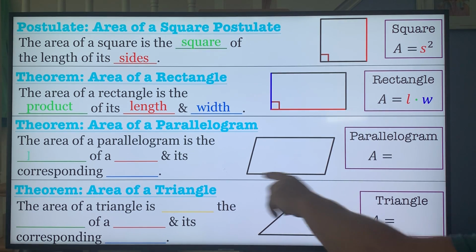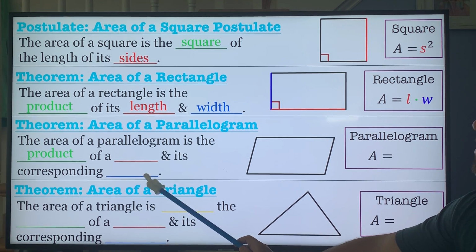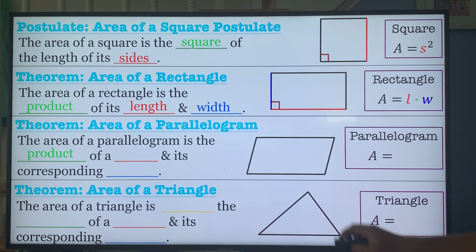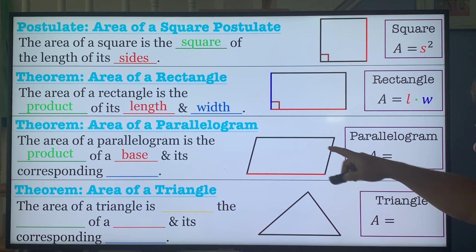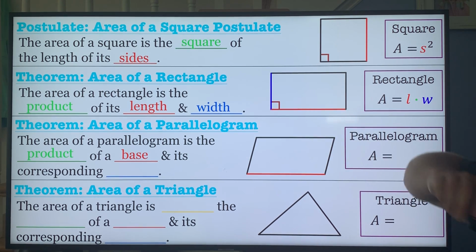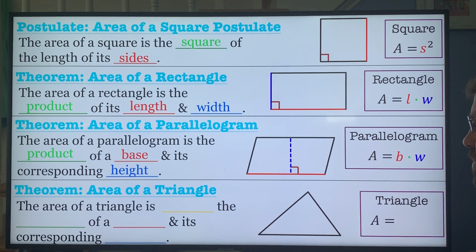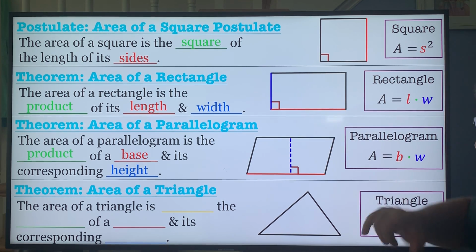It's the product of its base and corresponding height. You'd multiply the base by its height, all right? So the area just equals base times height. You can write it either way, okay? I just called this width instead of height. It doesn't really matter. Once again, words are interchangeable.